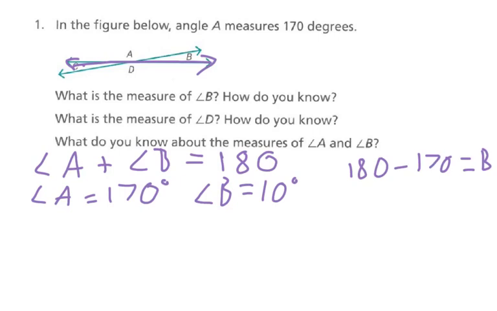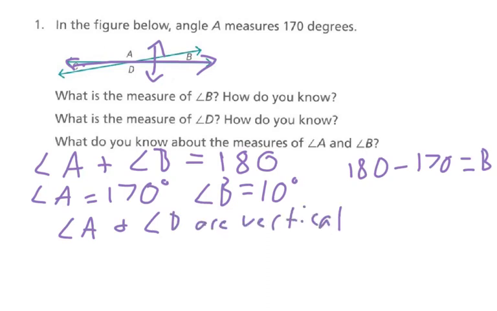What is the measure of angle D? Now angle D is right across from this. So if they are right across from each other, these are vertical angles. So I know that angle A and D are vertical.